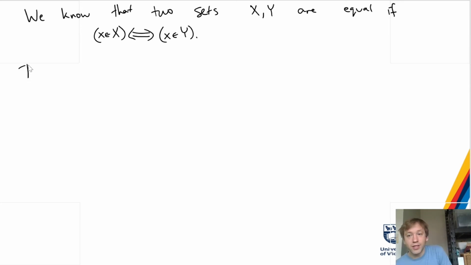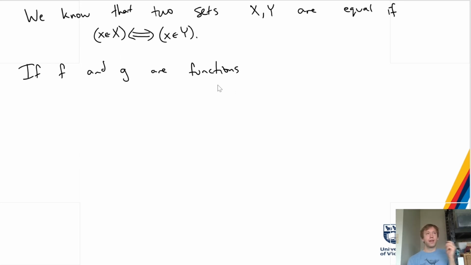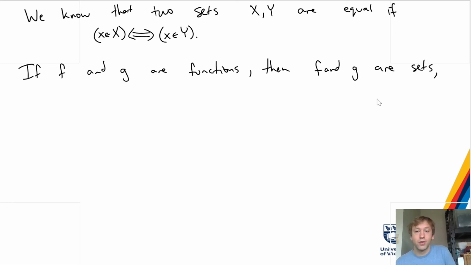If I have two functions, so if f and g are functions, it's kind of the same thing, right? In particular, functions are sets, so f and g are sets. So f equals g as functions means the same thing as f equals g as sets.